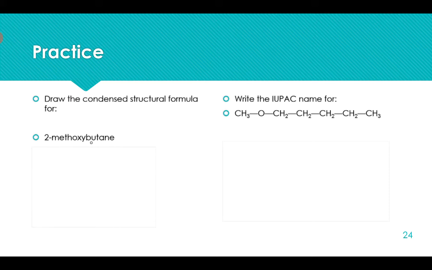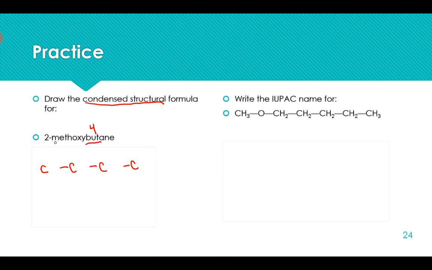Alright, let's go over this. This one does say condensed structural formula, so let's make sure that we are doing the correct structural drawing type. This means that we are going to want to leave some space to fill in our hydrogens. We have 4 carbons long, so that's 4 carbons.